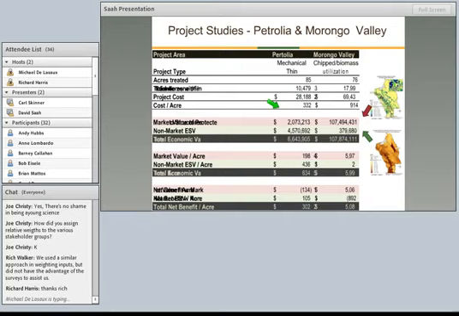Petrolia Valley is an ecologically rich area that is a relatively poor, rural area. Morongo Valley is the exact opposite. It's a relatively wealthy area that doesn't have a lot of ecological resources associated with it. And within those study areas, there were two basic projects that were funded.